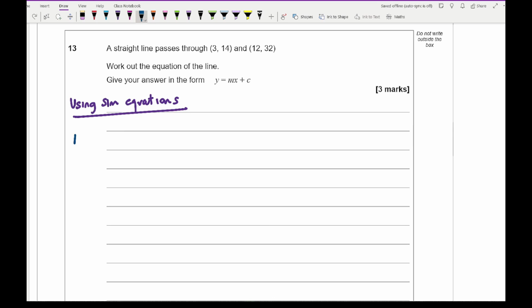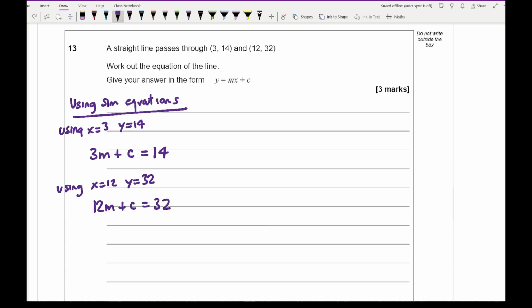So the first one, using x equals 3, y equals 14, we get 3m plus c equals 14, and then using x equals 12, y equals 32, I get 12m plus c equals 32.